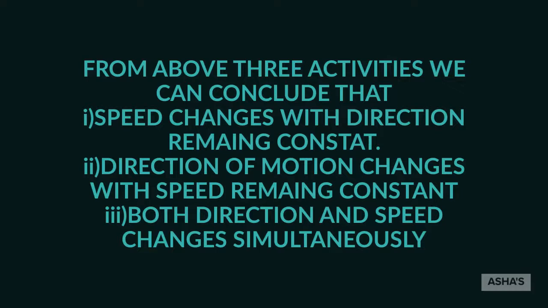Second one, direction of motion changes with speed remaining constant, which we have observed in circular motion, where the direction of motion changes and the speed is constant at every point.